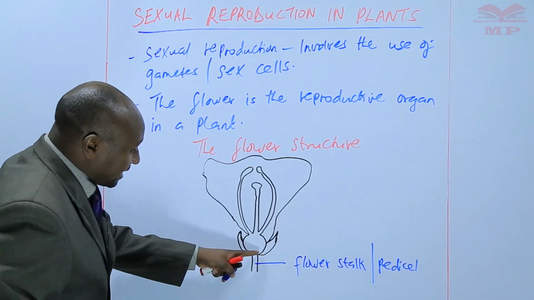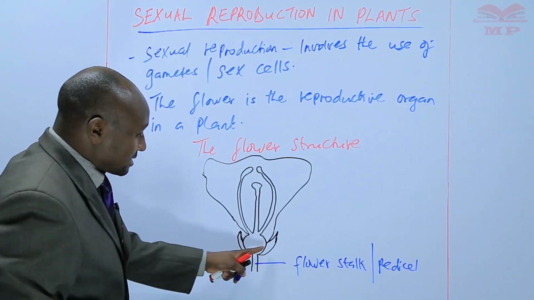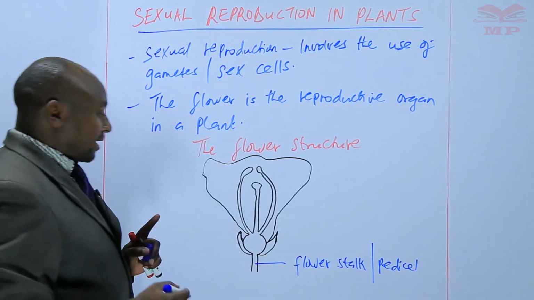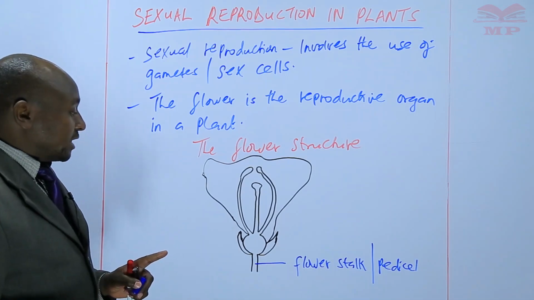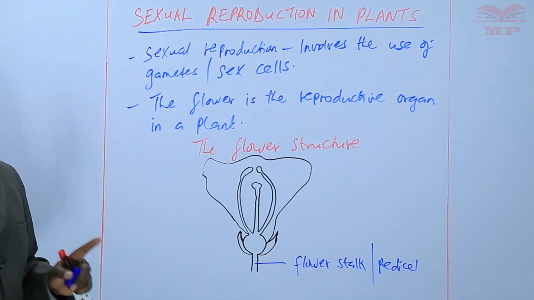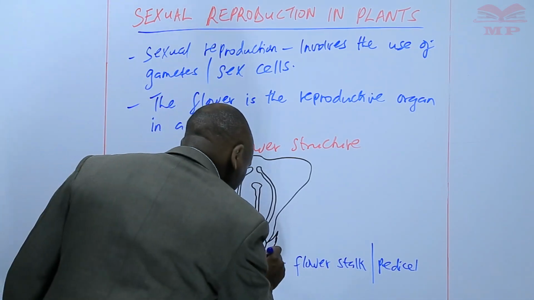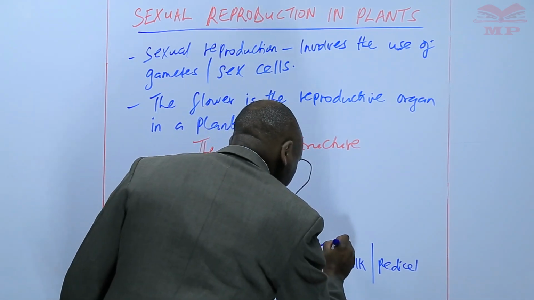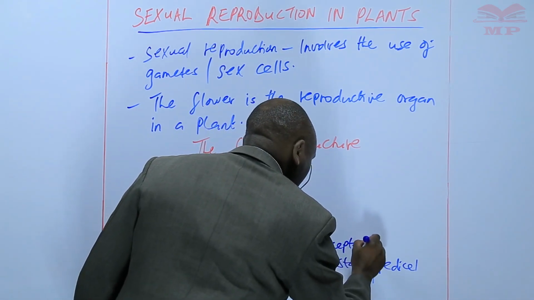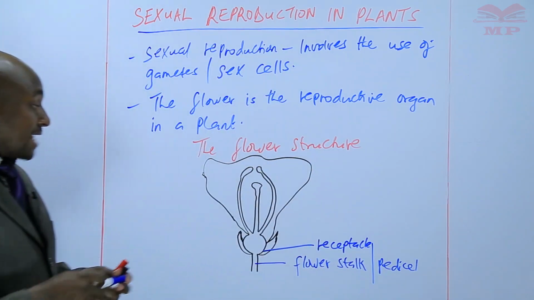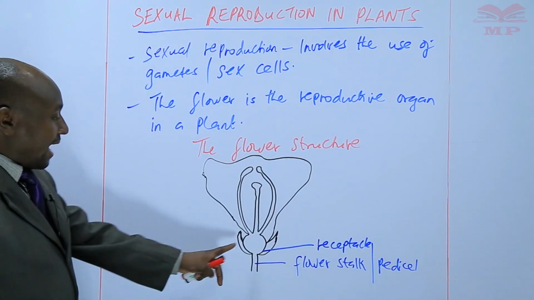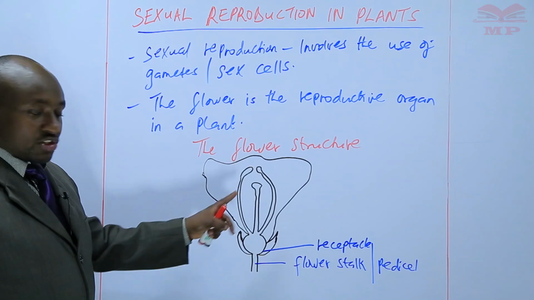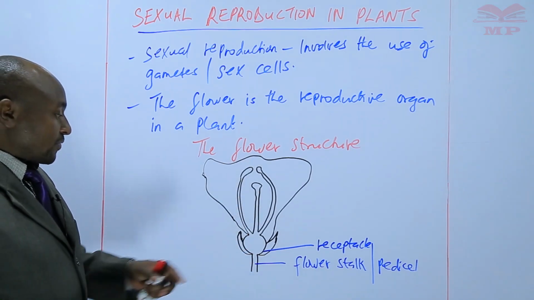Then there is this other part, that is swollen, and that part we refer to as the receptacle. Now, it is at the receptacle where other floral parts are attached, other flower parts are attached.